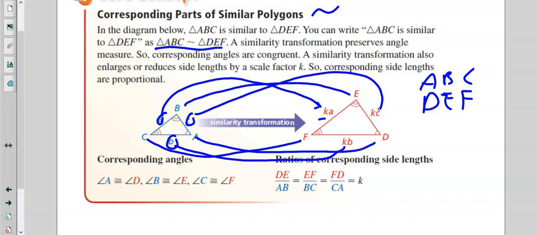So you can't multiply 2 sides by 3 and 1 side by 5. They must all be multiplied by the same number to keep the ratio. So you see here, DE is proportionate to AB, the same way EF is proportionate to BC. Just like we've done before, except we're talking about similarity.